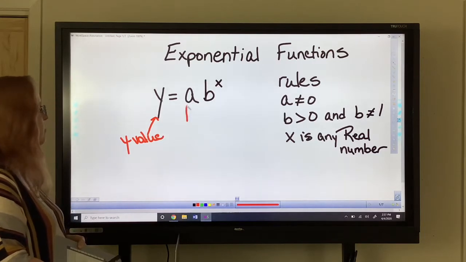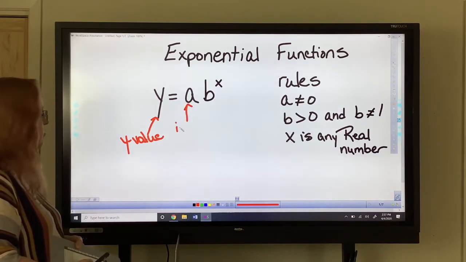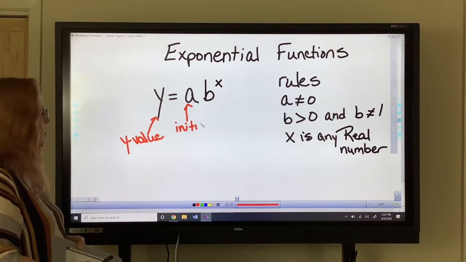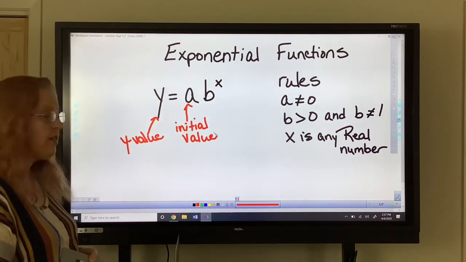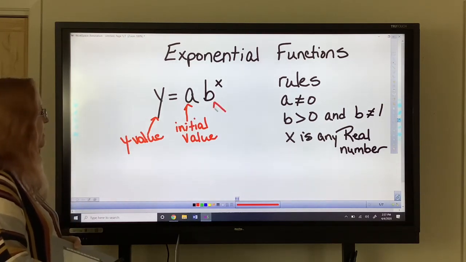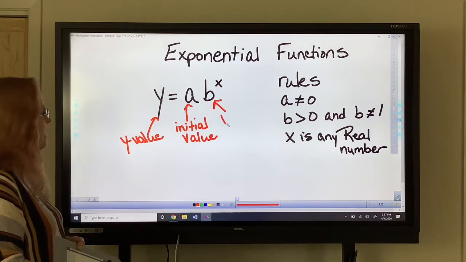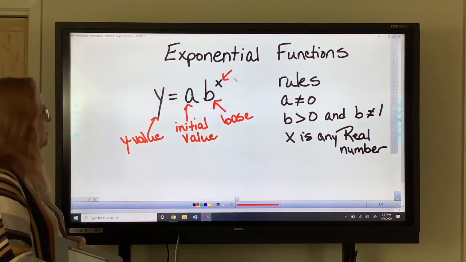Your a value is your initial value. It's what you started with. And your b is your base, and your x is your exponent.